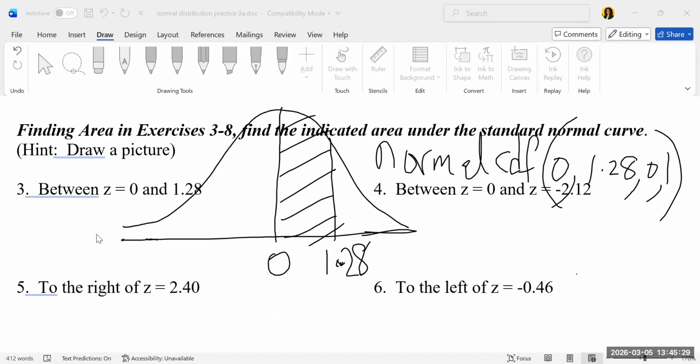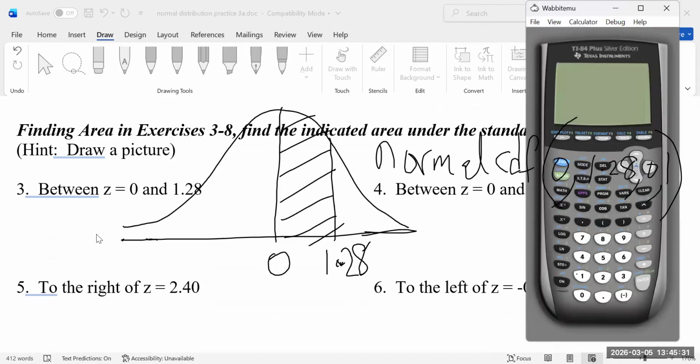I'm going to put all this in. Turn my calculator on and go to normal CDF again. Second, distribution.